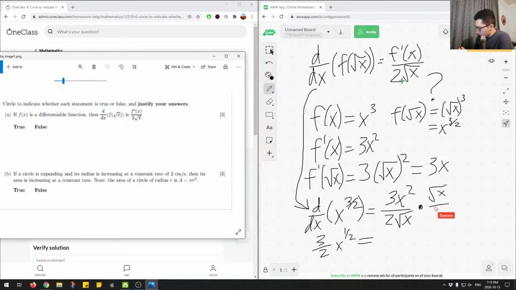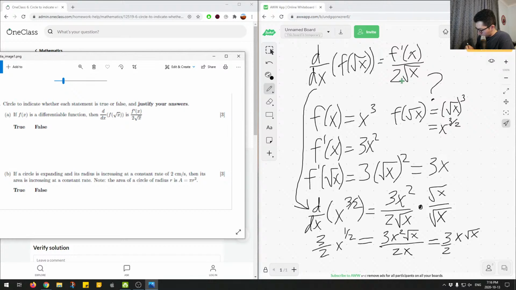This will give us 3x squared square root of x divided by 2x, which would give us 3 over 2, and this would be 1 plus a half.